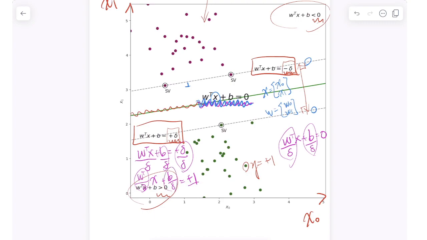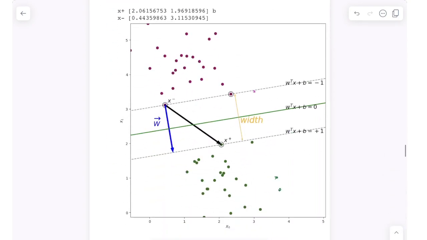So we can divide everything by delta so that we only use w, which is the coefficient, and b, which is the intercept, to represent the model. In this case we only need these parameters and lines to describe our problem.